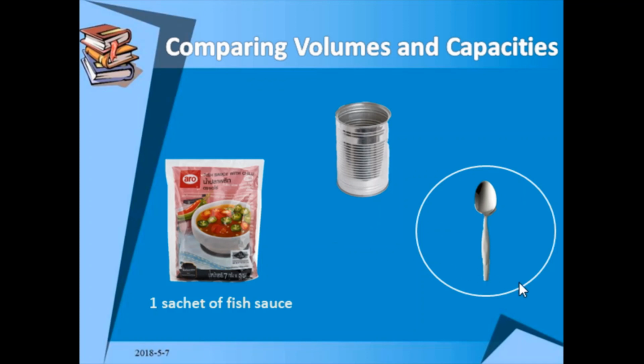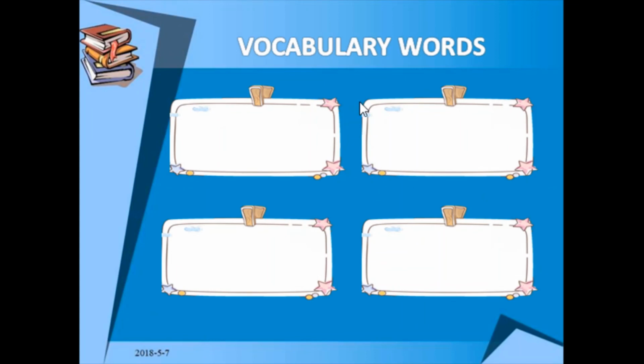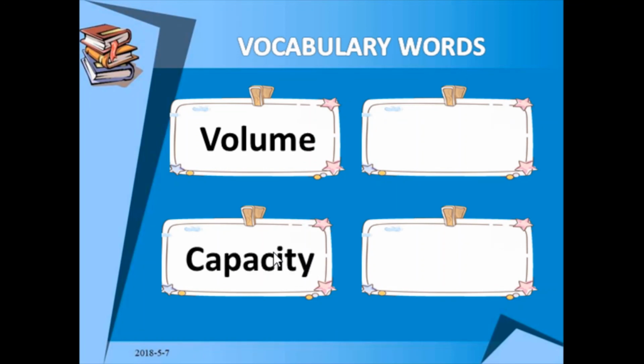Okay, let's say again the important vocabulary words for this unit or topic. First, let's say together, volume. One more time, please. Volume. Very good. Next, say capacity. Capacity.